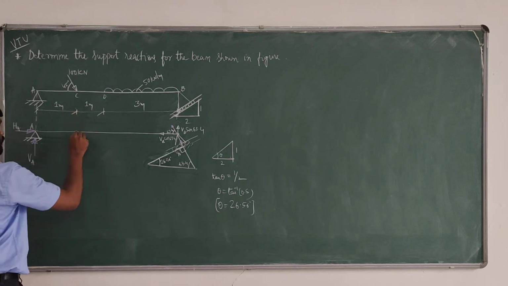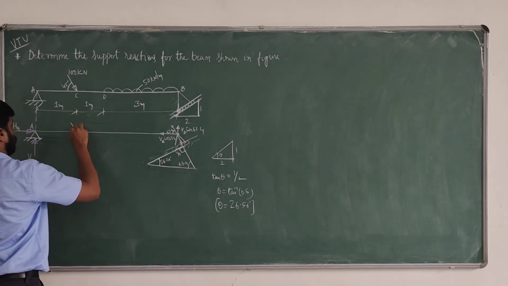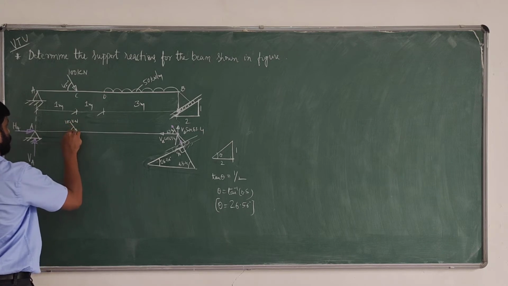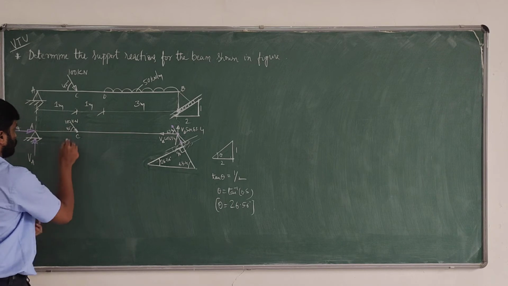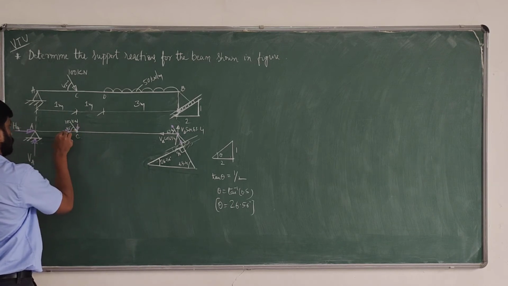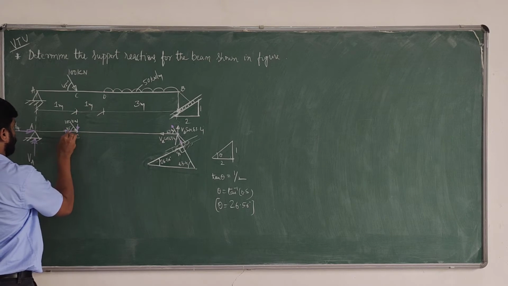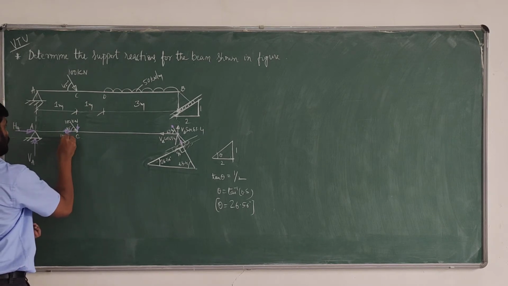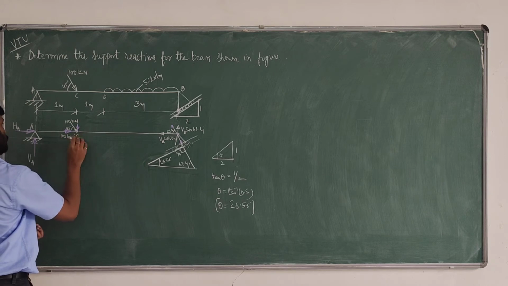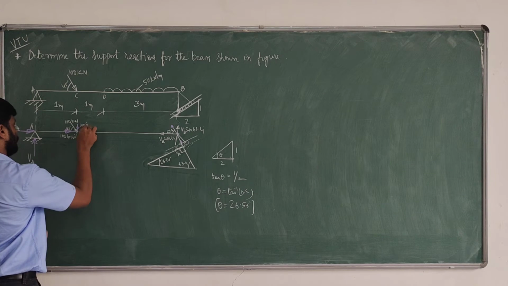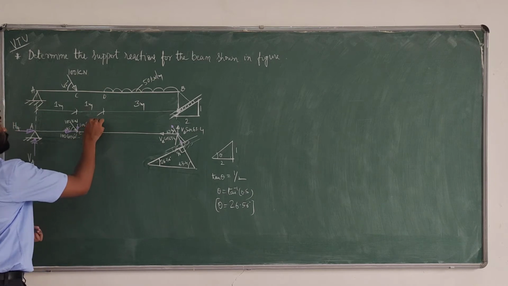Next you have one more force of 100 kilonewton at 45 degrees at point C. One component is towards the origin, another one is towards the origin, right? So this value is 100 cos 45, and this is 100 sin 45.